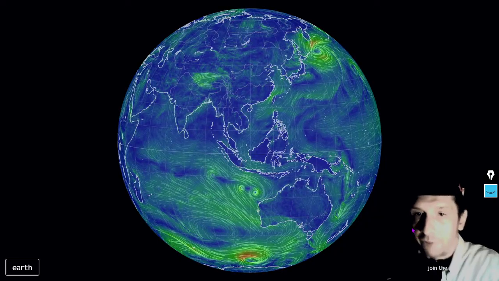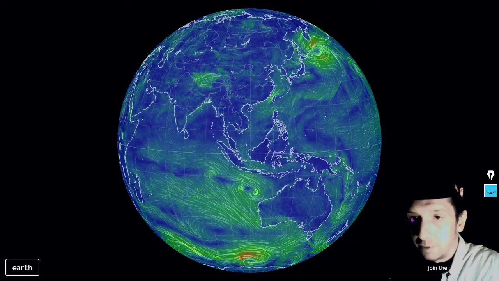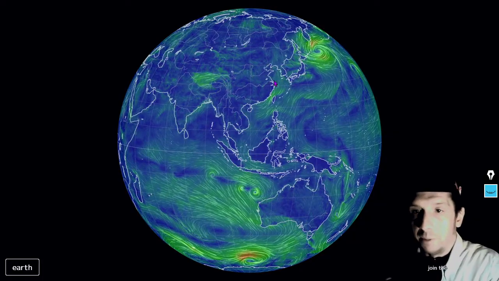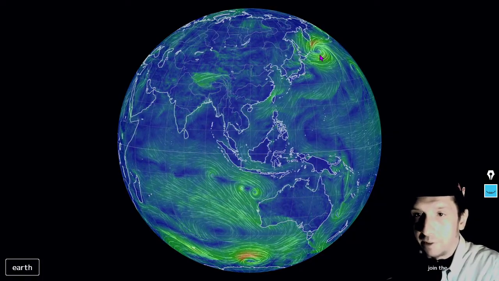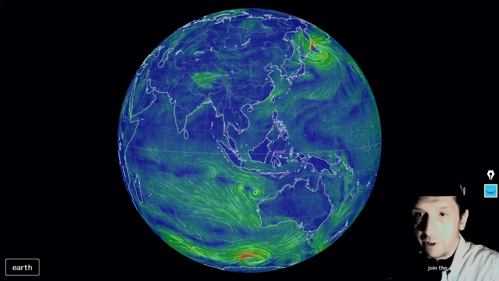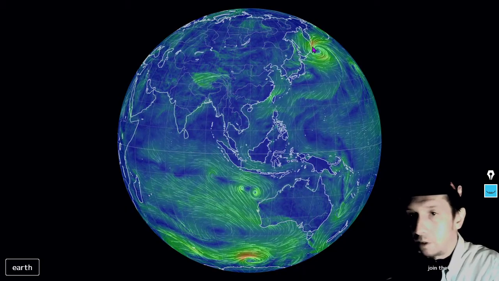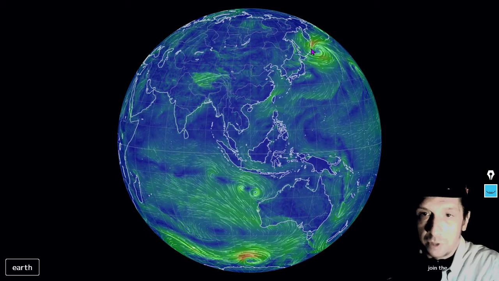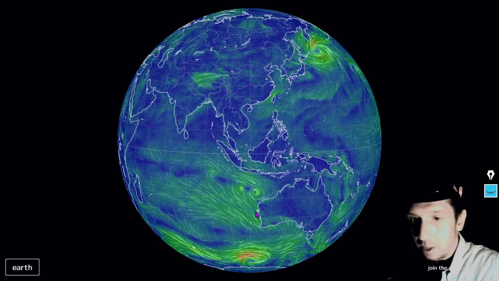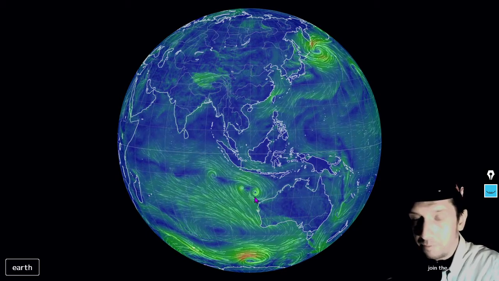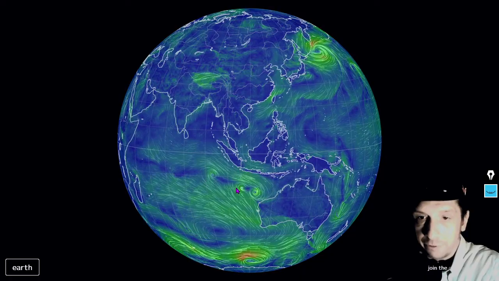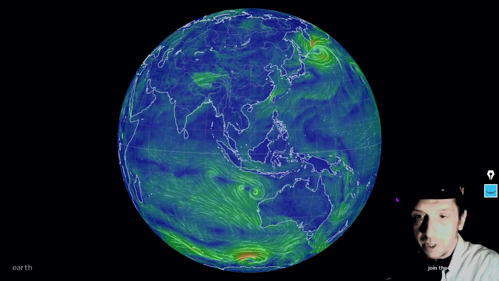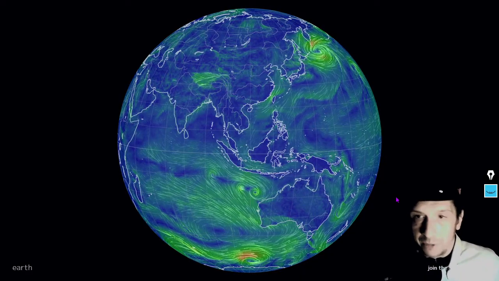And a couple other fairly powerful systems here. Not worrying too much about the Himalayas, but this area here near Kamchatka, some very strong winds at the southern tip of Kamchatka there, as well as off the northwest coast of Australia. 3 different powerful rotating clockwise low pressure systems out there.